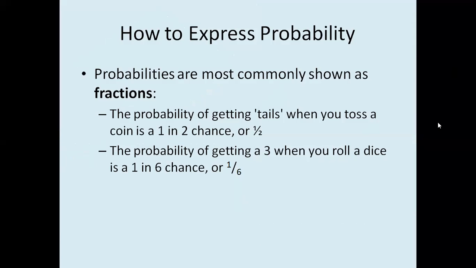The probability of getting a 3 when you roll a dice, how do you think we write that? How many 3s do we have in the dice? Only 1. Out of how many outcomes we might get from the dice? We have 6 outcomes. We might get 1, 2, 3, up to 6.